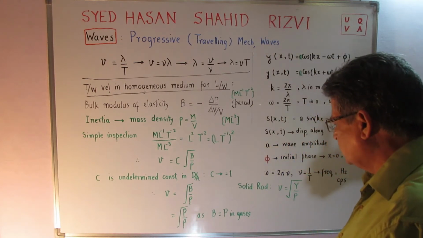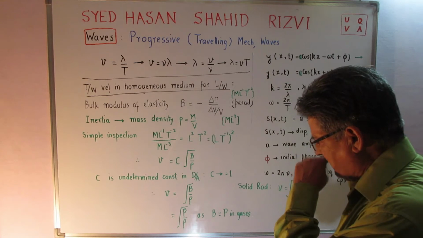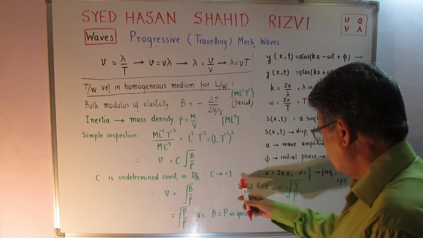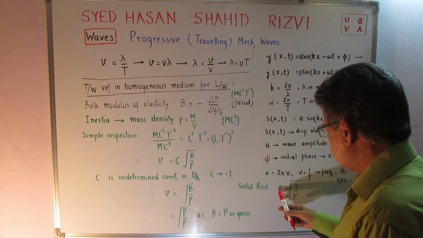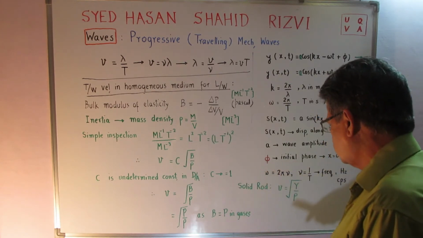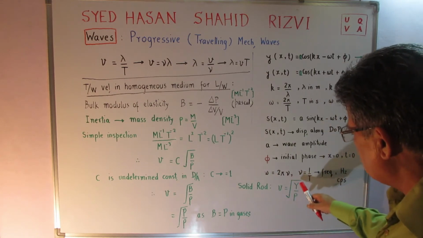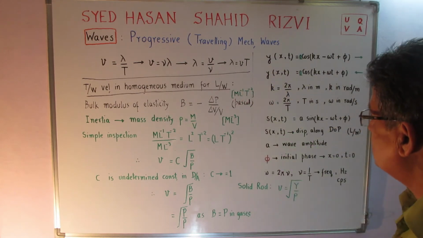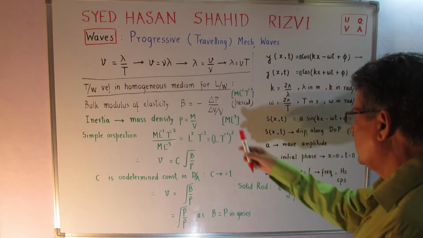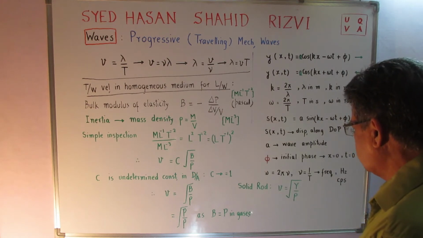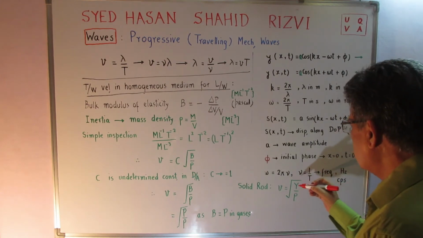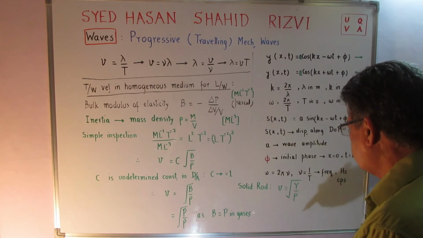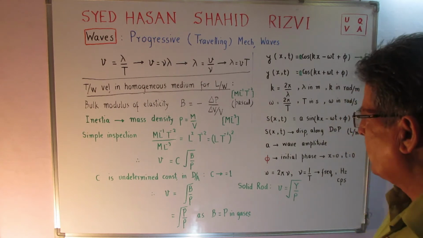In the case of solid rods, where there is a longitudinal wave propagation, the velocity of the longitudinal waves turns out to be equal to under root of our friend Young's modulus Y, which also has the same dimension ML^-1 T^-2, and rho of course which has the dimension ML^-3. So for a solid rod, we get the velocity is equal to under root of Young's modulus of elasticity divided by the mass density of the system.